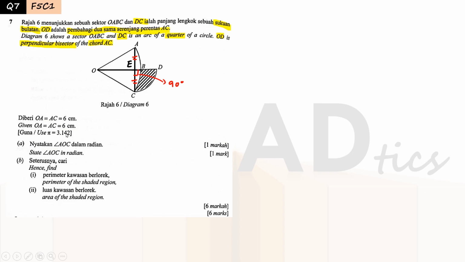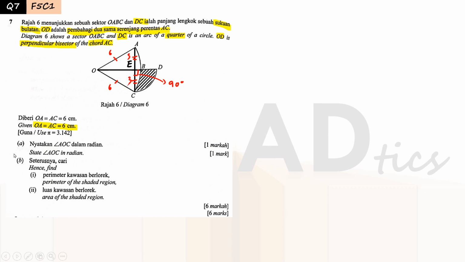And also it says that OA is equal to AC is equal to 6 cm. So OA here is actually the radius of this sector, OAC, right? So here will be 6, here will be 6 as well, and this AC is also 6 cm, so just now we split it in half already, so if we split the 6, it will be 3.